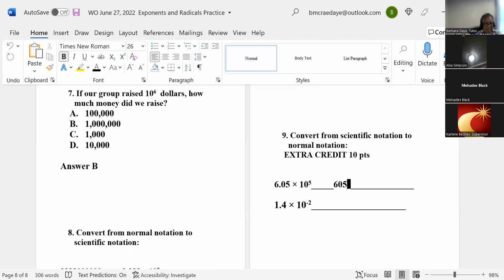We can just write that out. Now, how many zeros would I have to have here so that I can move it to the left and get the 5th power? How many zeros will follow the 605 to get 10 to the 5th?